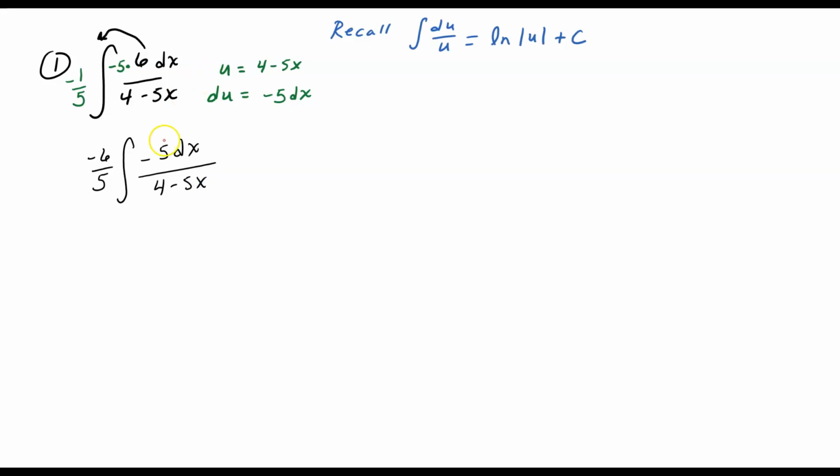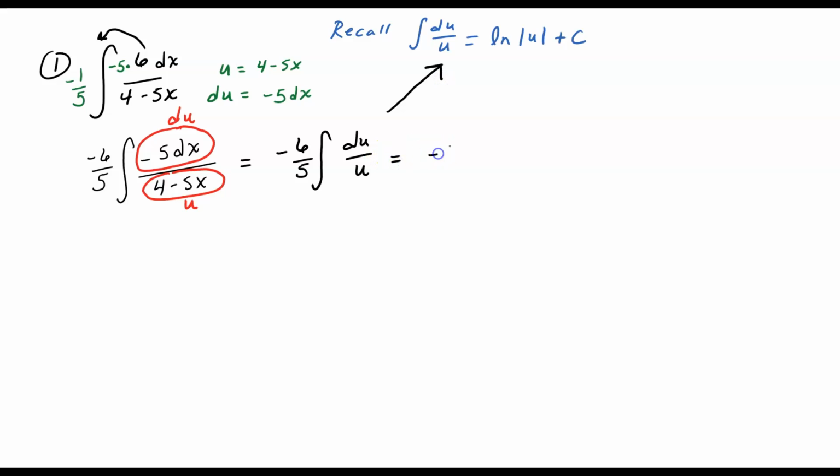All right, but now that I've got that, this right here represents my du, and this down here in the bottom, again, is my u. So now what am I working with? I'm working with negative 6 over 5 multiplied by the integral of du over u, and it fits this pattern up here perfectly. So what is the integral?